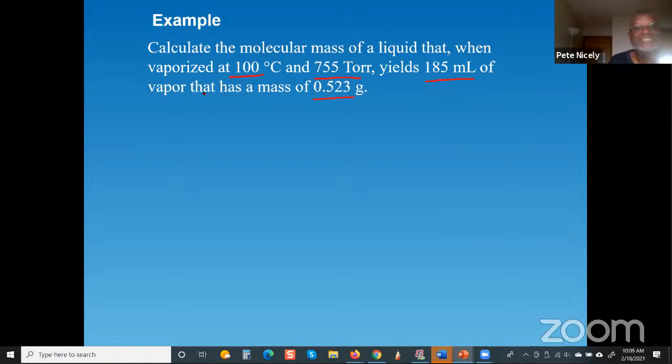Let me start you off. This is the equation you're working with. So what will be the first step? What is M?